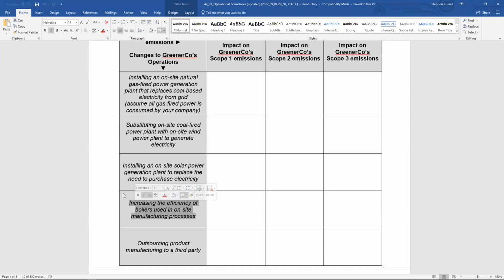There's no impact on Scope 2 because we're looking at a fossil fuel combustion source. And in terms of Scope 3, emissions will decline because less fuel is being consumed, and there are then fewer upstream emissions related to the extraction and the processing and transportation of fuels used by the boiler.